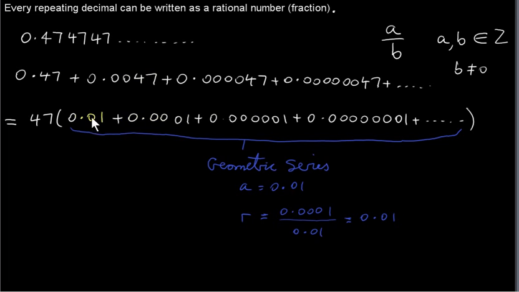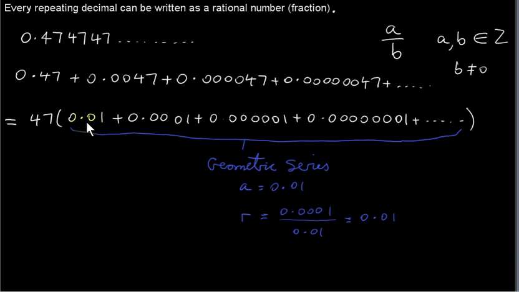Then you need to notice that what we have inside the brackets is a geometric series, where the first term a is 0.01. The common ratio r is got by taking any term, say the second term, and dividing by the previous term. When we do that, we get r equals 0.01.